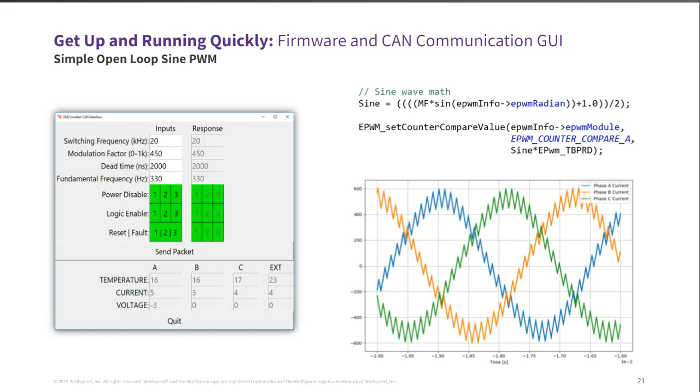So again, out of the box, you can essentially get up and running fairly quickly as it comes preloaded with the firmware that had been tested. Each kit's tested, so you could start generating your own voltage and current waveforms from the get-go, or even spin a motor to some extent with this basic control.